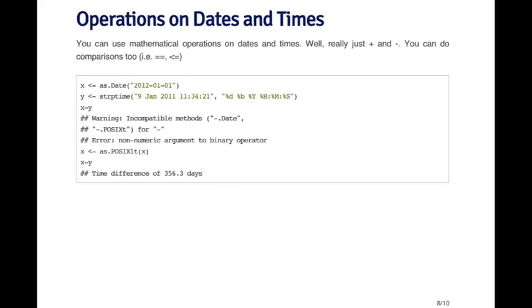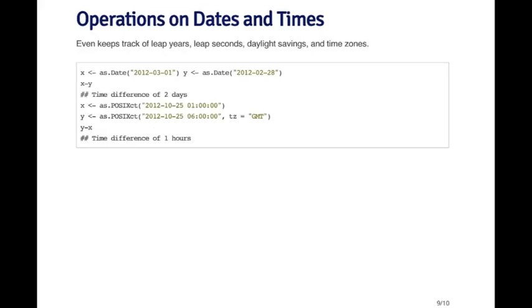So if I have x, which is a date object, and then y, which is a POSIXlt object, if I try to subtract the two, you'll get an error because they're not the same type of object. But if I convert the date to a POSIXlt object, so I can do as.POSIXlt on it, then if I take the difference, it'll say that there's a difference of 356.3 days between the two.